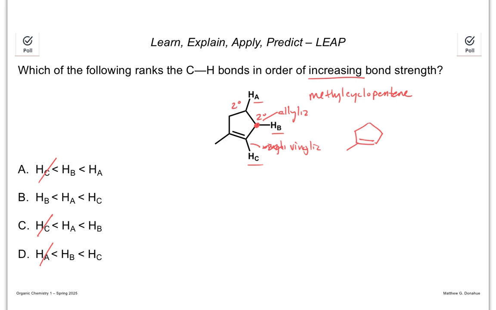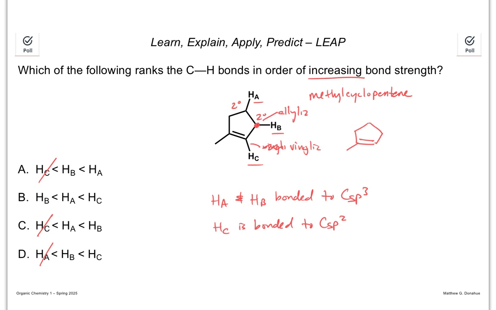Another way of looking at that, HA, HB are bonded to sp3 hybridized carbons. HC is bonded to sp2 hybridized. So no matter what, HC is going to be the strongest.